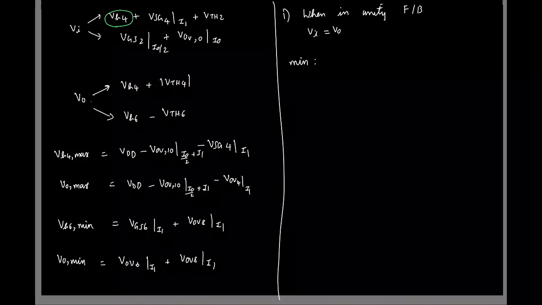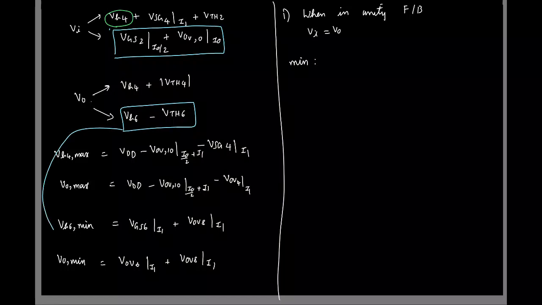So we have two minimas. So the final minimum will be the maximum among the two. So this is the Vi minimum and Vout minimum is this, and we have found that to be equal to this guy, right? So which of these two is higher?